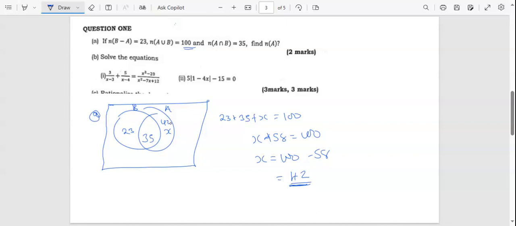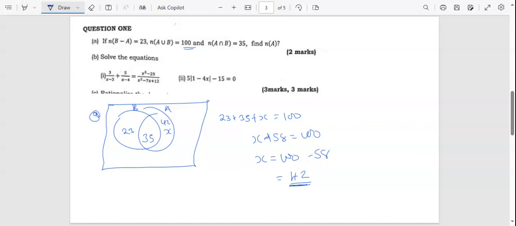Since we are saying that's 42, let's add now to see if we get the same number. So 42 plus 23 plus 35, it's giving us 100. Meaning that those are the numbers of A.